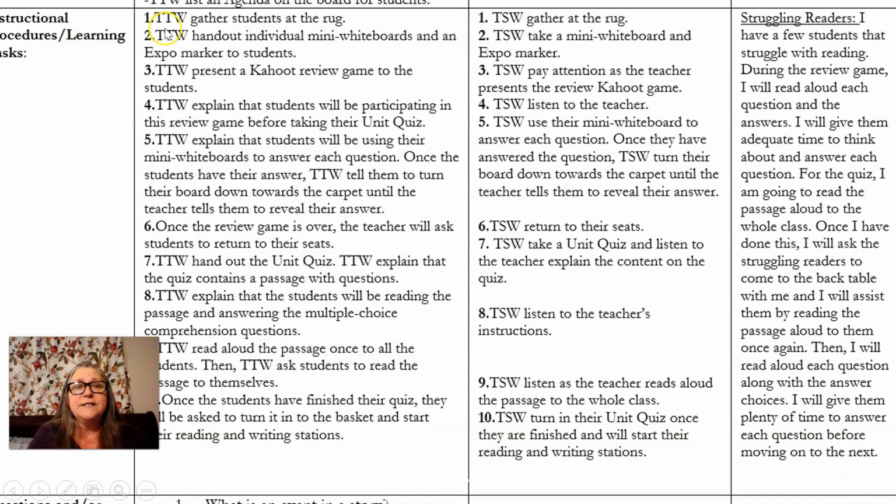Again, a lot of the TTW, the teacher will, the student will, that's fine. I don't really see it as necessary because it seems redundant to me because you already have at the top teacher and at the top student. So the TTW seems a little redundant, but whatever, that's fine.